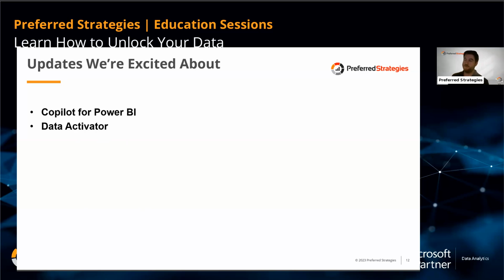So for example, if your stock level hits a certain point, you can have Data Activator automatically send a purchase order. So I'm excited about Data Activator and how you can automate business processes within the Fabric Power BI ecosystem, and hopefully I'll have something to share with y'all next time we meet on these two.